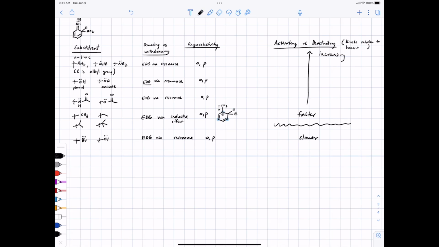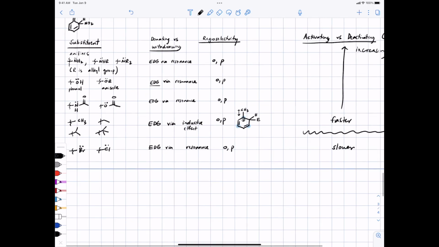A lot of these groups that are donating groups via resonance are electron withdrawing groups via electronegativity, meaning you're adding something to the benzene ring that is more electronegative than carbon. So the lone pairs are donating into the ring, but the group is pulling through the sigma bonds. And it's tough to rationalize what the trade-off should be.